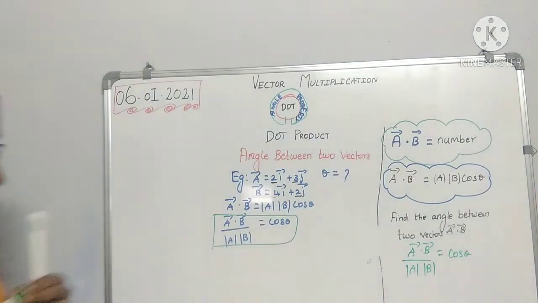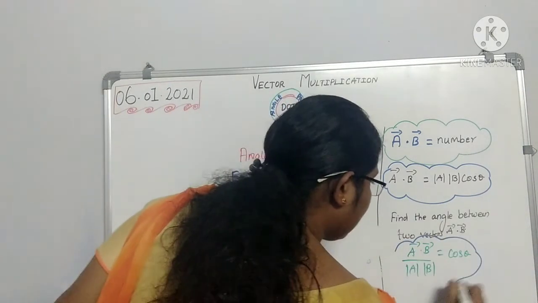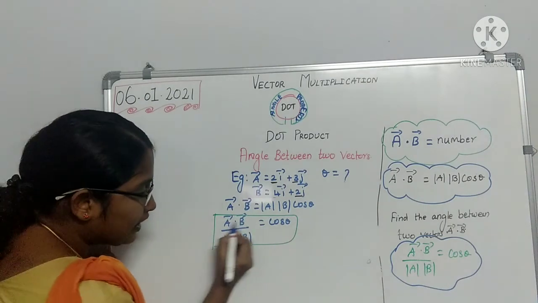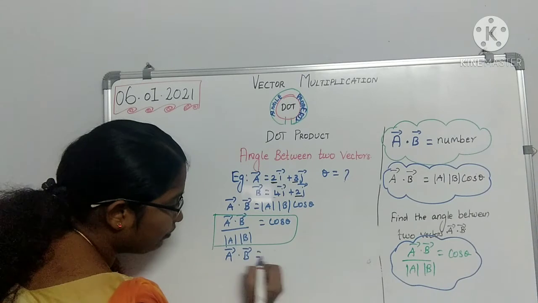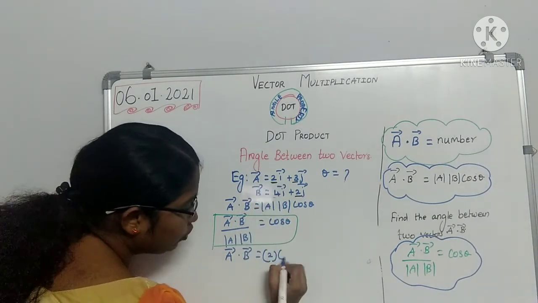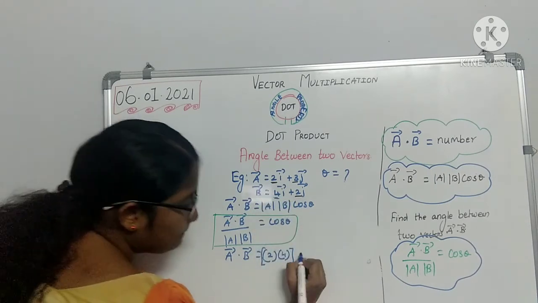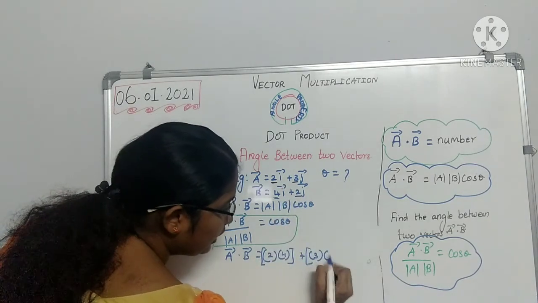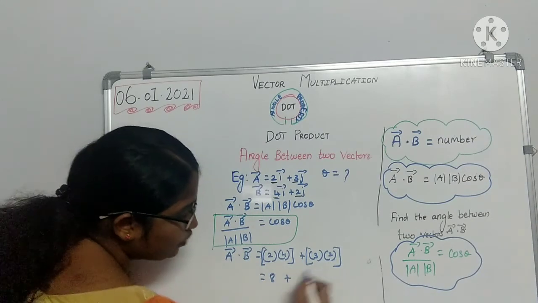So in the rearranged equation, A vector dot B vector we need to find. A vector dot B vector will give you 2 and 4, so 2 into 4, plus 3 into 2. 2 fours are 8 plus 3 twos are 6.